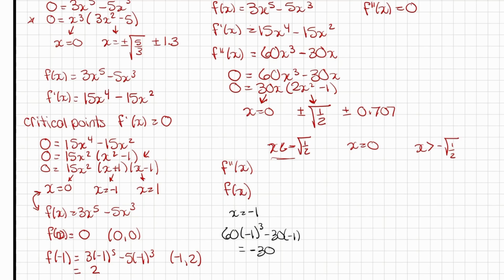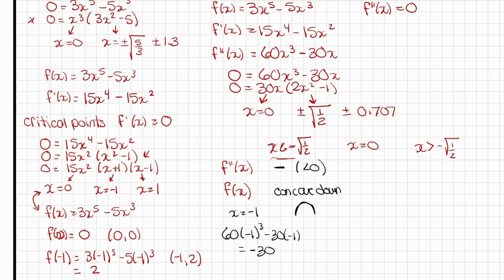So my second derivative test is telling me that this is negative, or less than 0. That means that my original graph for my function will be concave down. Remember, if I have a second derivative less than 0, it will be concave down. So it's going to be the frowny face.